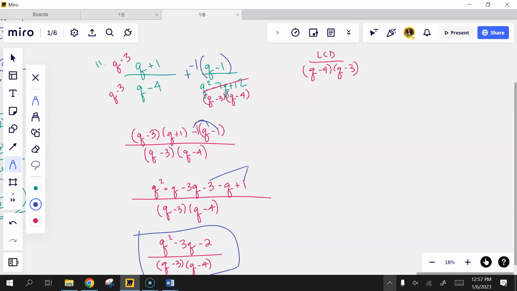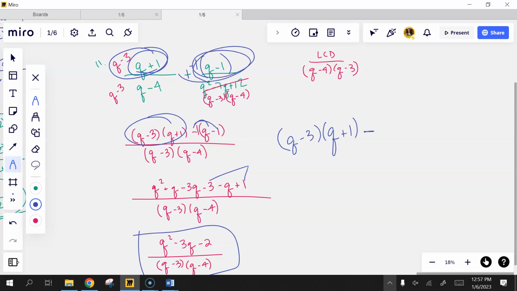When you're subtracting, you've got this first one, which is actually 2 pieces. So you had Q minus 3, Q plus 1, and then you had to subtract everything in that second one, so you had to subtract Q minus 1. Instead of doing that, I just said plus -1 here and distributed a -1 through.